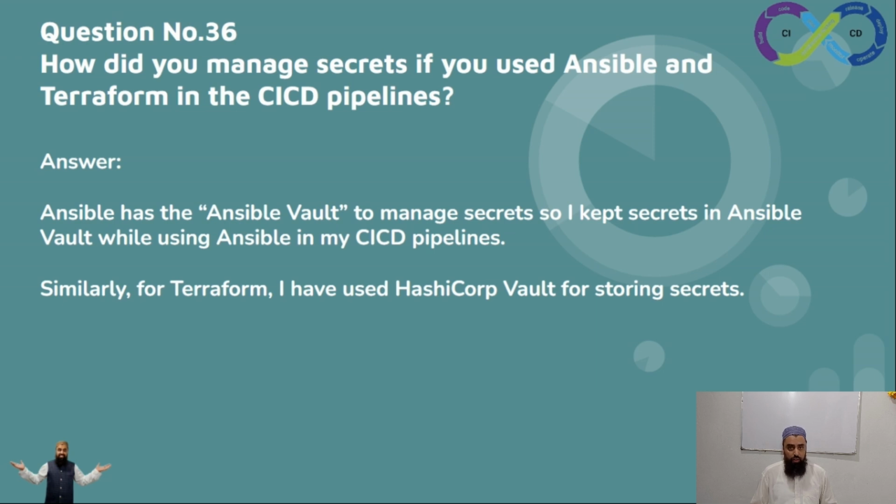And Ansible Vault is used to handle secrets, and HashiCorp Vault is used for Terraform secrets. So when we are using Ansible, we can use Ansible Vault in our CI/CD pipeline to store secrets, and when we are using Terraform, we can use HashiCorp Vault for storing secrets.